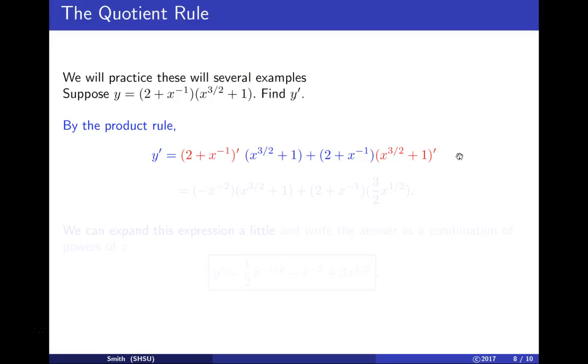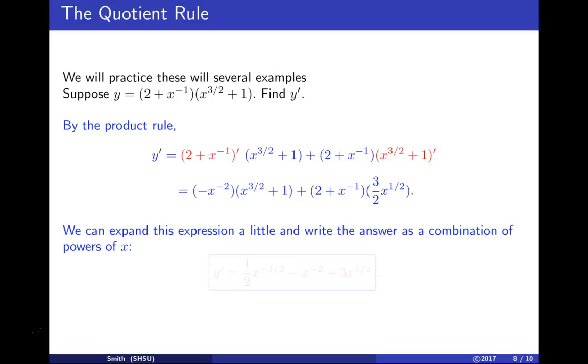Now, in the next line, I'm going to differentiate the things in red. So the derivative of 2 plus x to the minus 1 is minus x to the minus 2, and the derivative of x to the 3 halves plus 1 is 3 halves x to the 1 half. I can now expand this expression a little and write the result as a combination of powers of x. In this expression, I have x to the minus 2 times x to the 3 halves. That's going to give me an x to the minus a half.